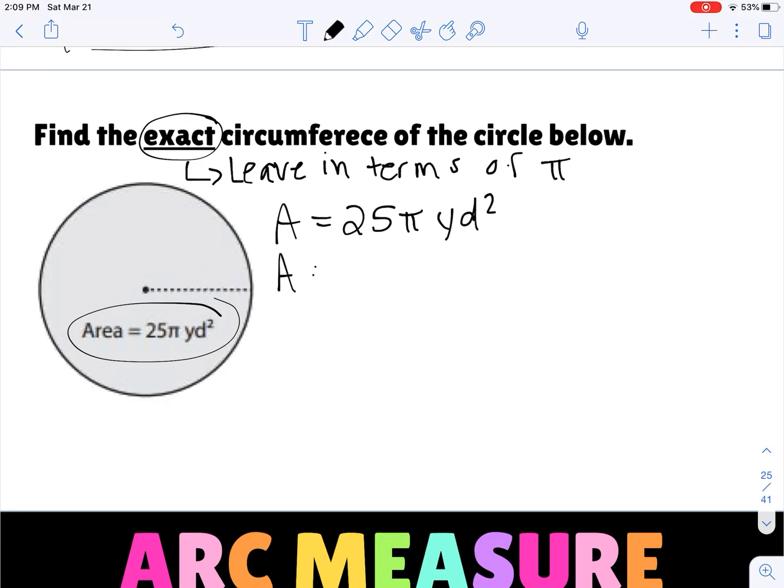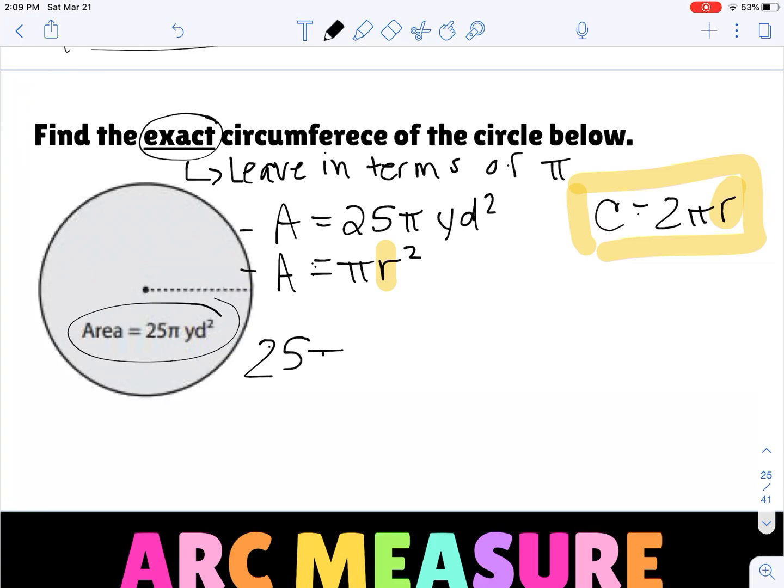And we also know area is pi r squared. That's the formula for it. So to solve for the radius, which is our goal, so that we can figure out what the circumference is, because all we need to do to find circumference is substitute the radius into this formula here. We can set these two equal to each other. 25 pi would have to equal pi r squared.